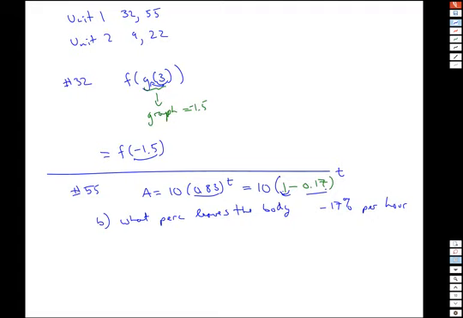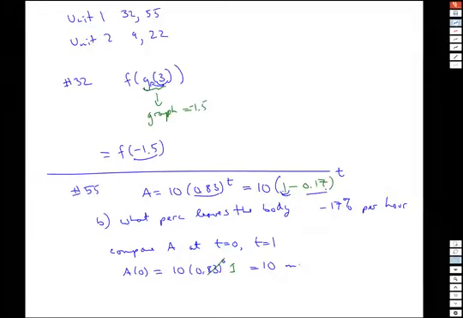It's really not the only way. The other way that's maybe a bit more procedural is to compare A at t equals 0 and t equals 1 and literally compute the difference in percentages. So at time 0, we have 10 times 0.83 to the 0. That 0.83 is just a 1. And so we have 10, and I believe it's milligrams.